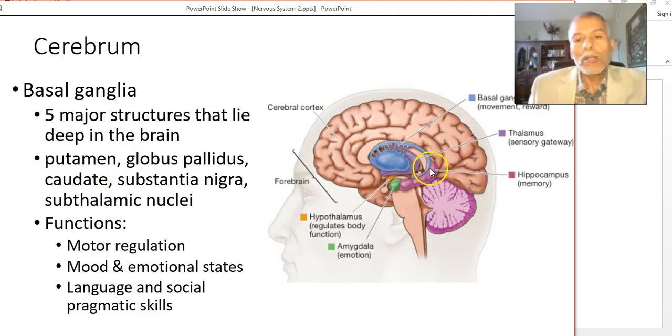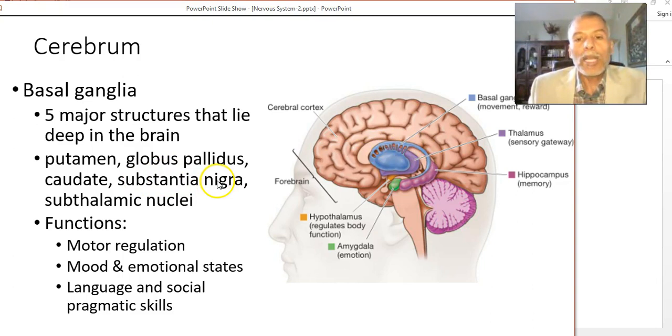And they include the putamen, the globus pallidus. It's a structure that lies next to this one here. It is not showing well, but it lies next to this one, globus pallidus. And the caudate nucleus. Basically, this is the putamen, and then you go up, the caudate is the tail here.